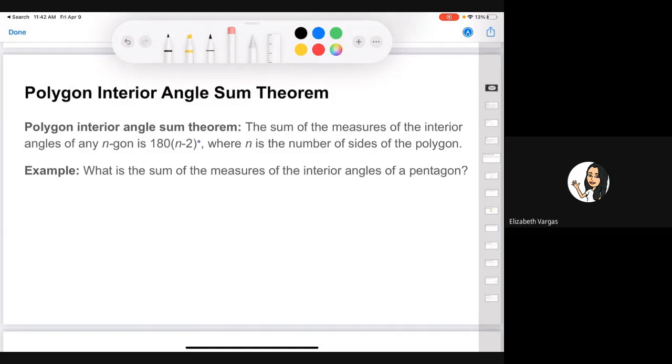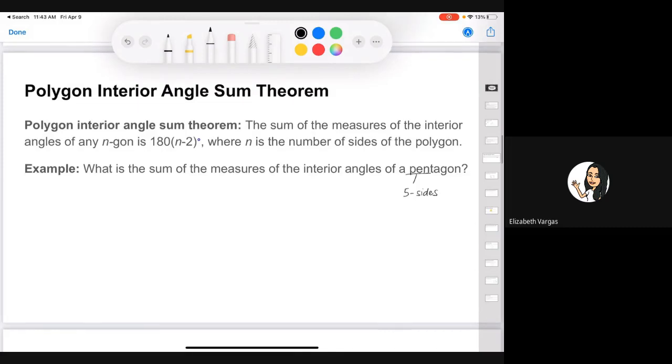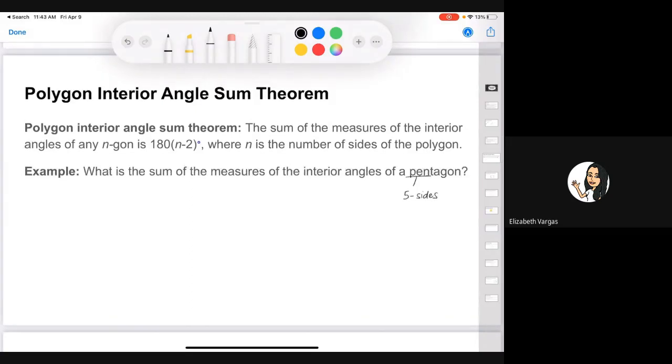Say that I'm asked to find the sum of the measures of the interior angles of a pentagon. Well, pentagons have 5 sides. And I'll share a document with you that tells you all the different types of polygons you can have and what the name is depending on the number of sides. But penta means 5, so that's a 5-sided polygon. Because I know that the pentagon has 5 sides, I can use the equation 180 times n minus 2.